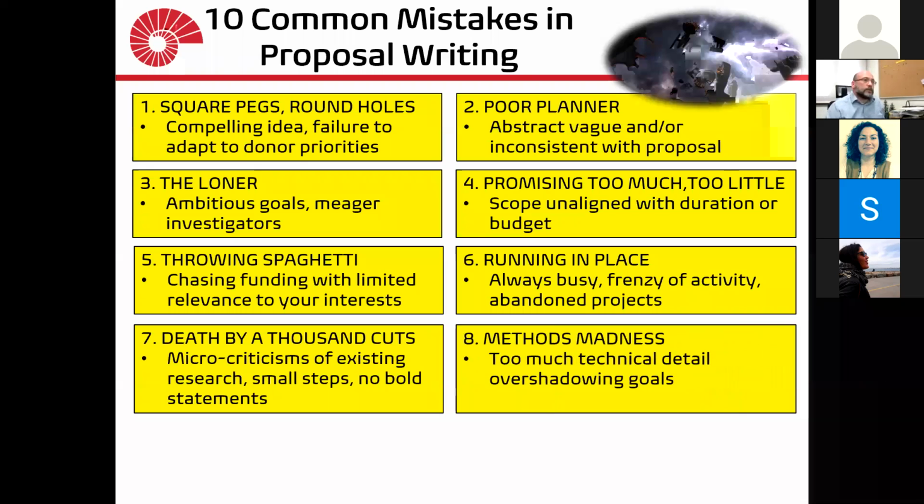I'm just checking the time, and an eighth common mistake might be what we call methods madness. It can show itself as too much technical, methodological detail in the proposal, which overshadows the goals themselves. This is a very common thing, not only in social scientific or humanities proposals, but all over the disciplines.